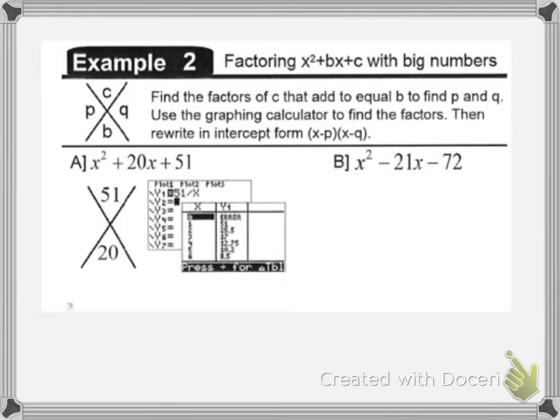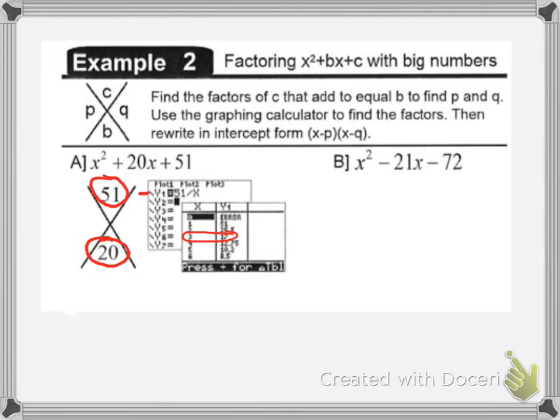And then if we go to the table, scroll through the table to find the pair that adds to 20. So those will be two numbers that multiply to 51 and add to 20. So here we see 3 and 17, because 3 times 17 is 51, and 3 plus 17 equals 20.